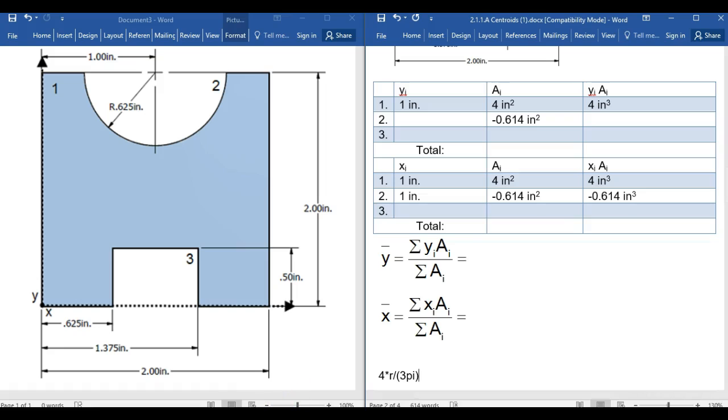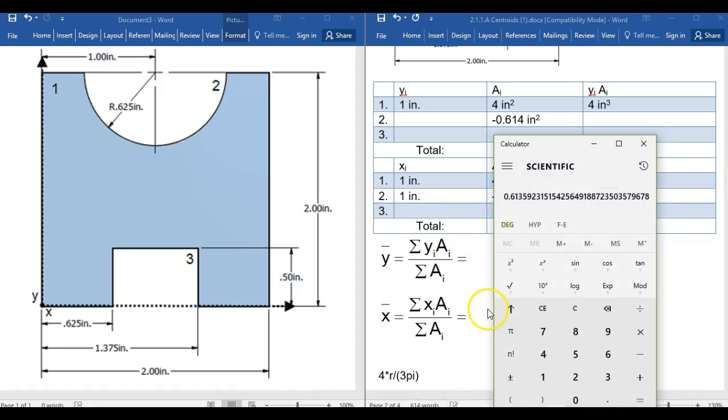So I'm going to have to get my calculator back out and do a little calculation here. And I'm going to clear this out. Sorry, I did that wrong.